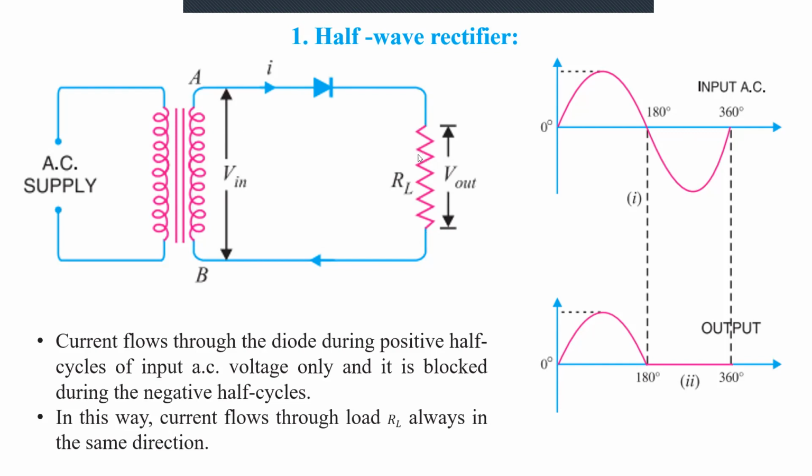So the direction of the current through the load is always the same, in the downward direction, only during the positive half cycle. That means the two directional alternating current is converted into a single direction DC current. That is how it converts bidirectional AC into unidirectional DC.